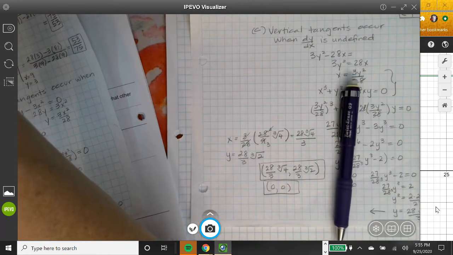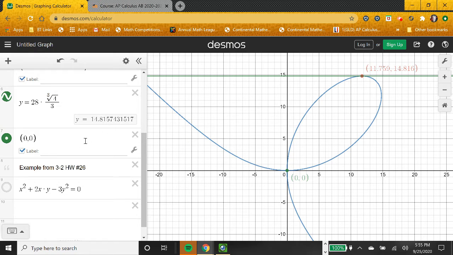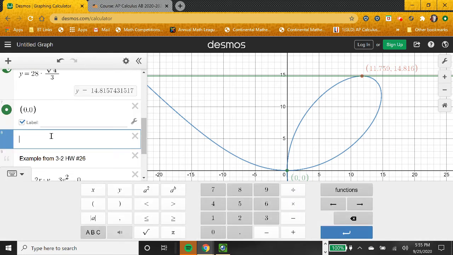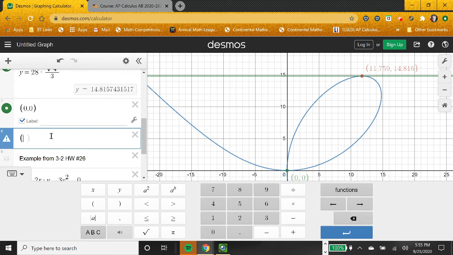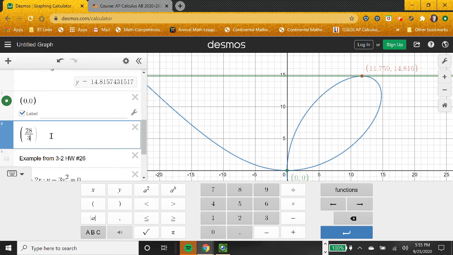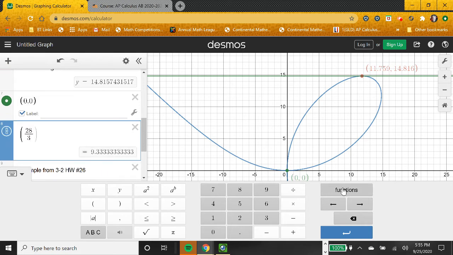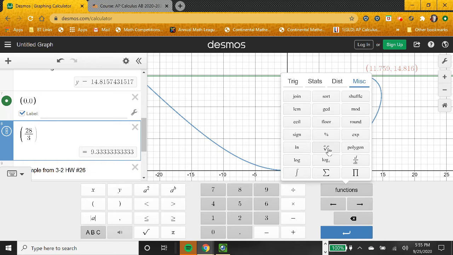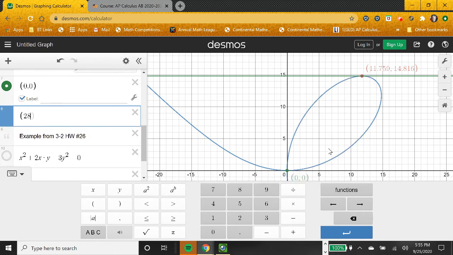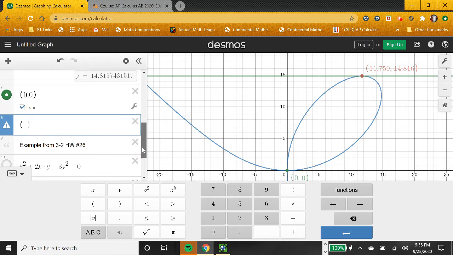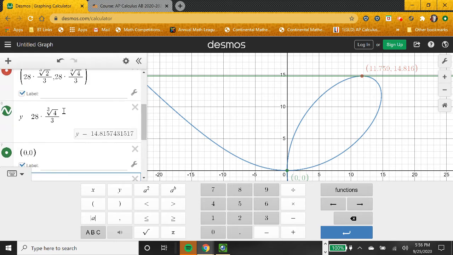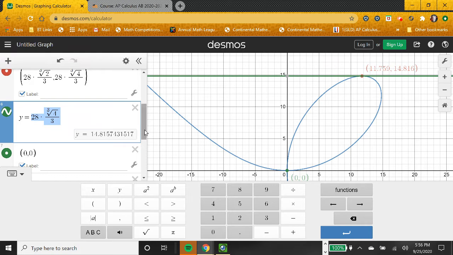Okay, so here we go, going to the graph. All right, so 0, 0 worked. Now I'm going to put in another point here. To be efficient, I'm going to grab the y up here and copy, because that's the x in this situation.